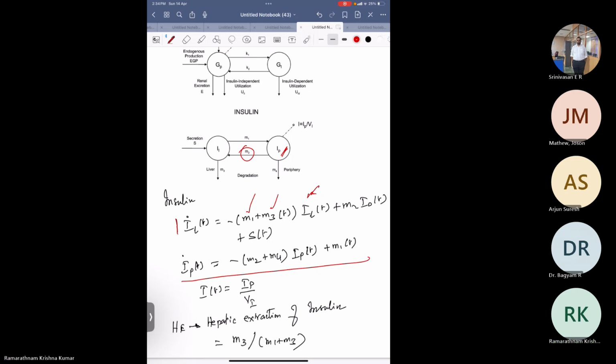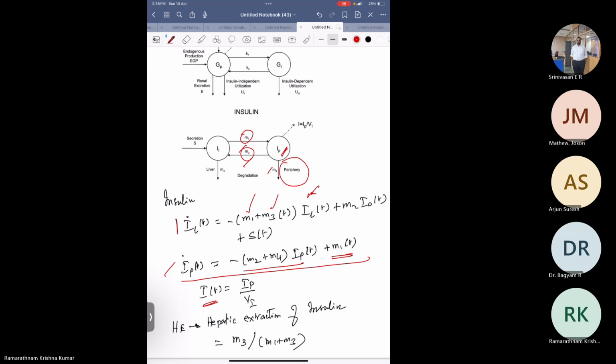Some of them are going to the peripheral tissues immediately, which we call equilibrating tissues. Those two are going out, whereas from the liver we are getting in. So plus M1, 2 minuses. Clear? Yes, sir.